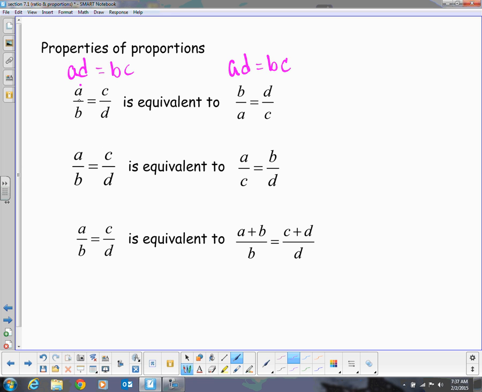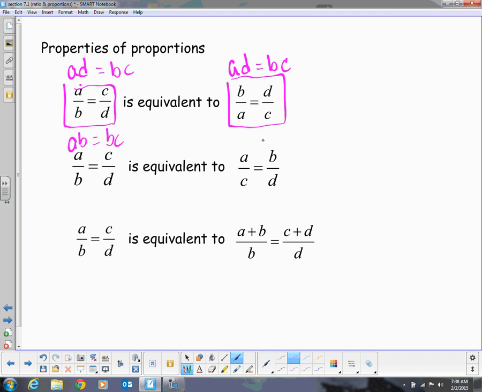So MJ could have this proportion. Taylor Shipley could have this proportion. And are they wrong? No, they're both right. Okay, what did they do in this? This is the given. What did they do over here? They switched the means. They switched the B and C. If we cross multiply, we have AD is equal to BC.